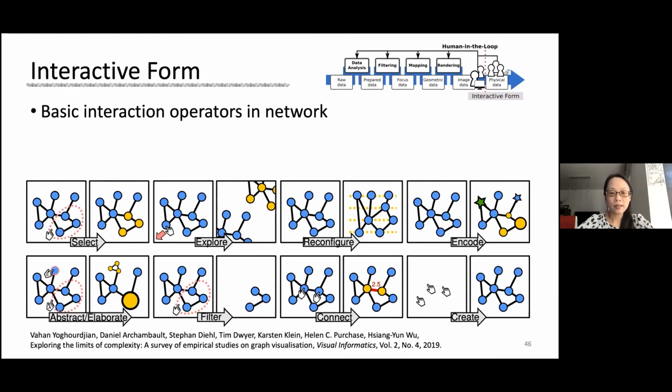And in the interactive form, I would like to briefly talk about the several interactions that can be added in network visualization. For example, selecting a subset of the network, exploring the network, reconfiguring the position of the network, encoding different visual encodings in the network, abstracting or elaborating certain sets, or filtering out what is important to be visualized, and so on.